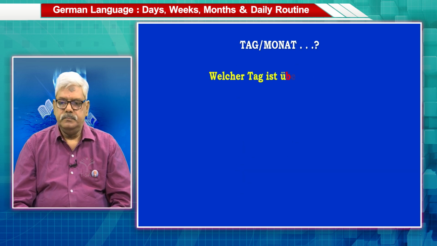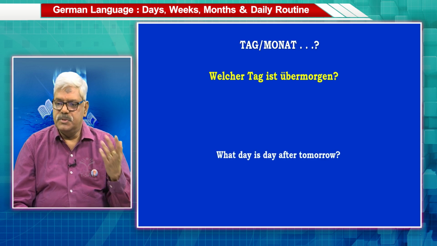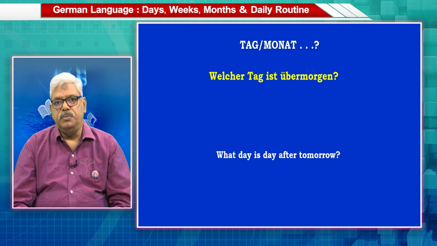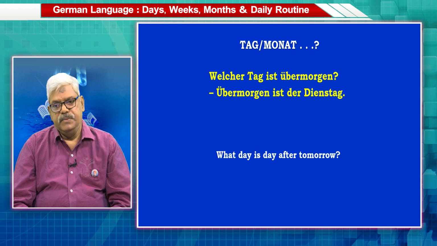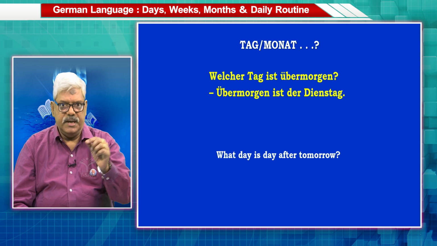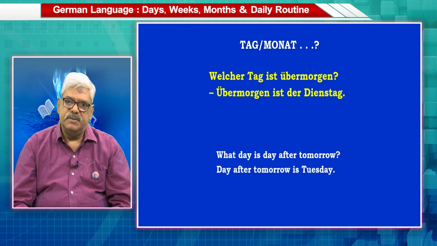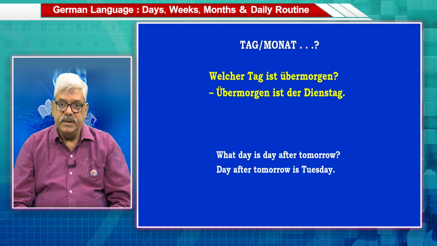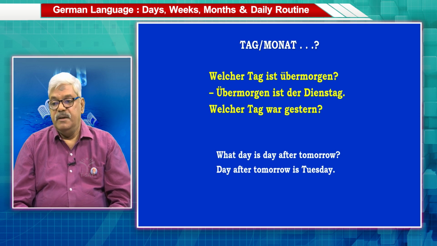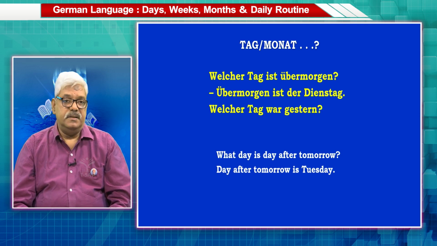Further, welcher Tag ist übermorgen? Übermorgen, day after tomorrow. So what day is the day after tomorrow? Answer: übermorgen ist Dienstag, meaning the day after tomorrow is Tuesday. With reference to Sonntag, I am giving all of these examples.